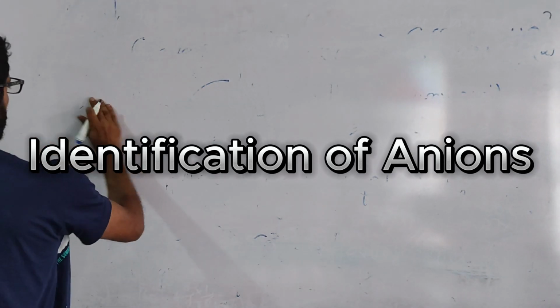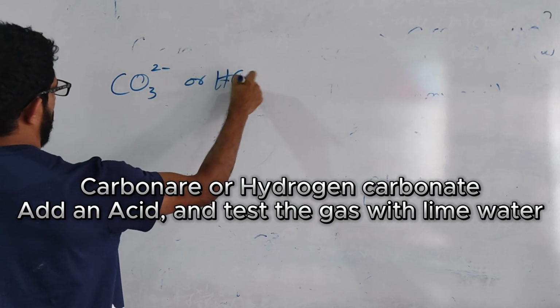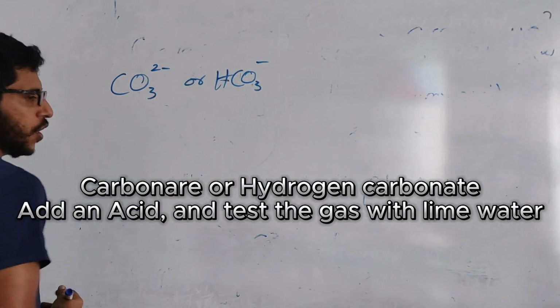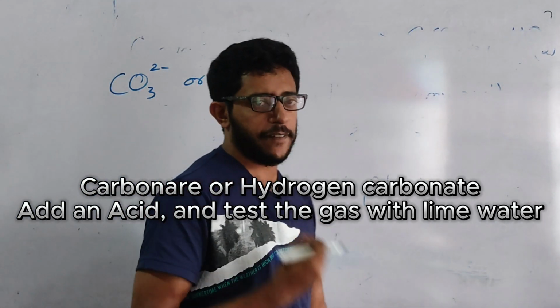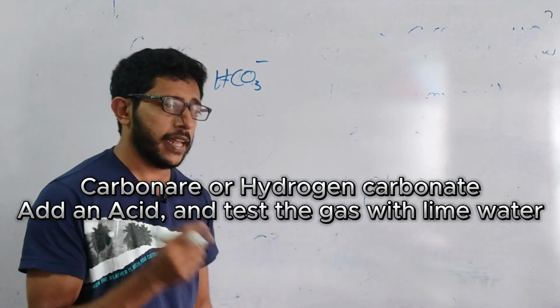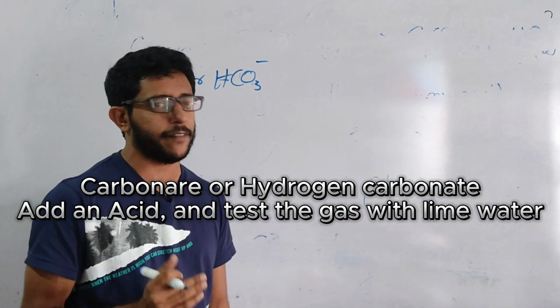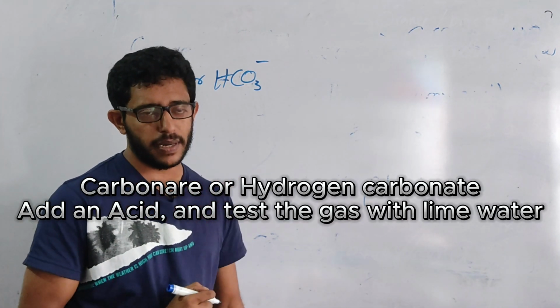One very common anion is carbonate, CO3 2-, or hydrogen carbonate. When you add an acid, you'll see effervescence. You see gas bubbles come off, which is carbon dioxide. Then we pass the carbon dioxide through lime water to confirm it is carbon dioxide.